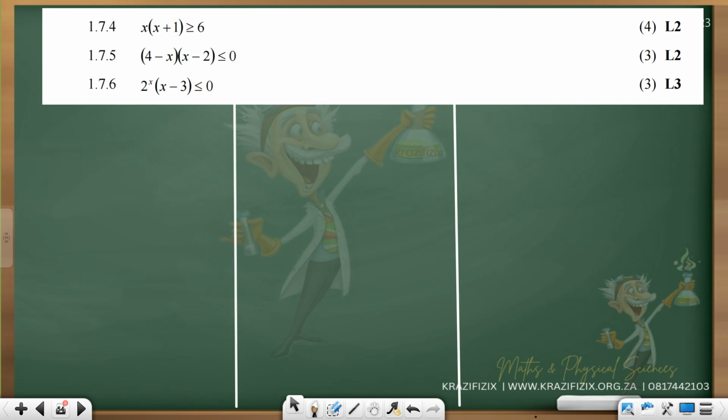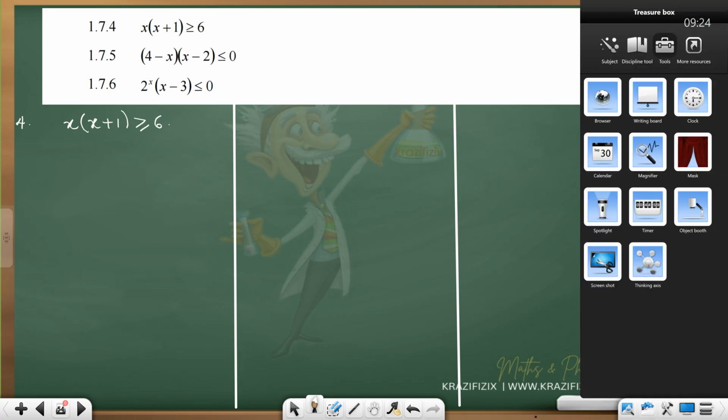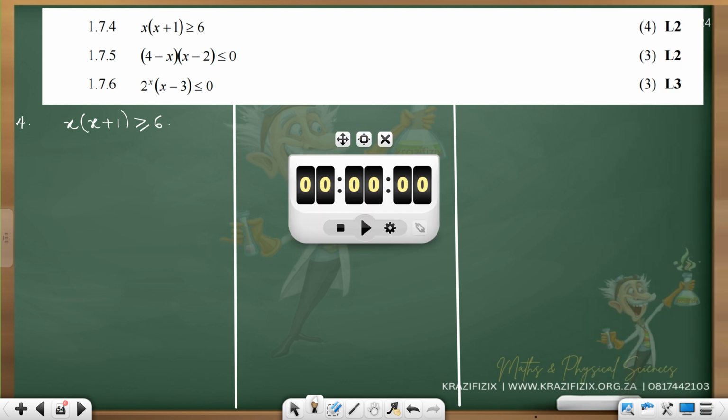Please try 1.7.4, I know you. x into bracket x plus 1 greater than or equal to 6. Please try that. I will help you with 1.5. This one shouldn't take us so long to factorize. So 2 minutes, 30 seconds.